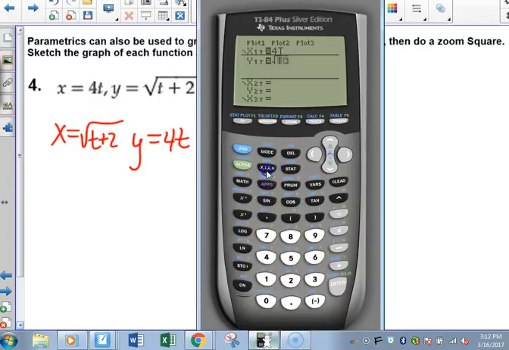I can show you a little bit of how to do that. When you go down to y2 or to the second equation, arrow to the left a couple times. Yes, if you hit it once, you'll get a bold for x2 and y2. And then just remember to switch them around.